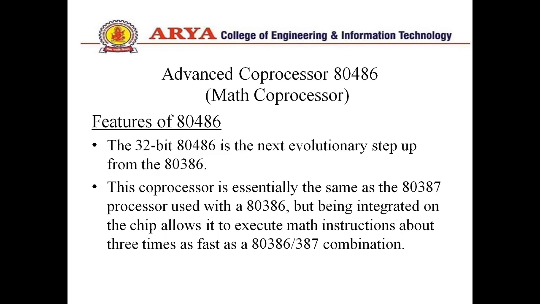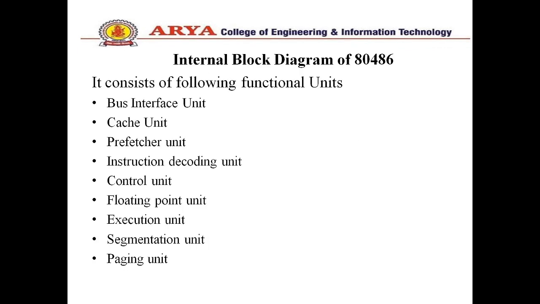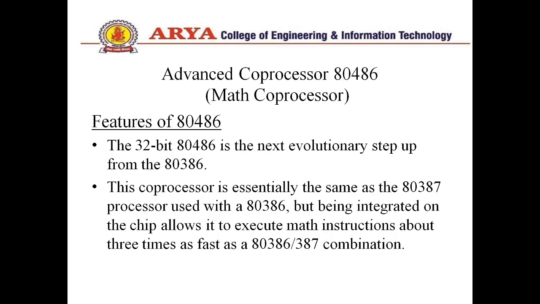This coprocessor is essentially the same as the 80387 processor, which is used with 80386, but being integrated on the chip, it allows execution of math instructions about 3 times as fast as the 80386 and 387 combination.